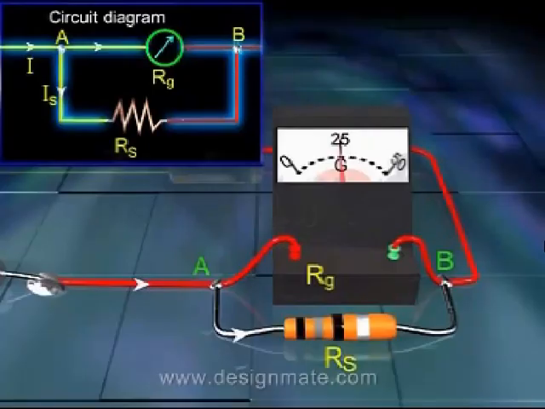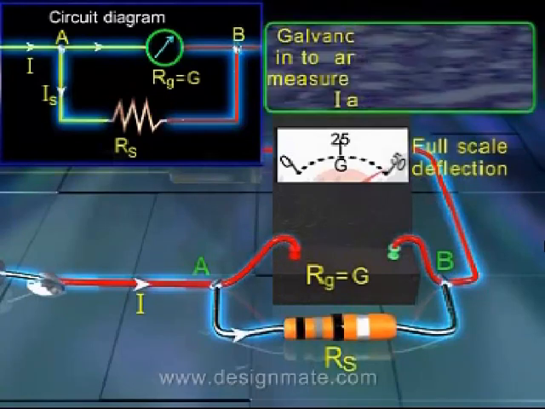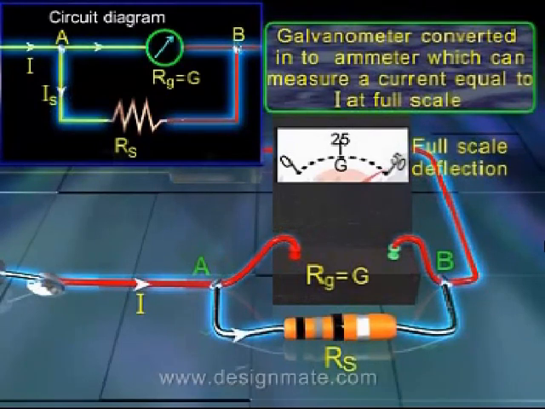Determination of the shunt value. Suppose that a galvanometer having its internal resistance G and having a full-scale deflection for a current equal to Ig is to be converted into an ammeter which can measure a current equal to I at full scale.